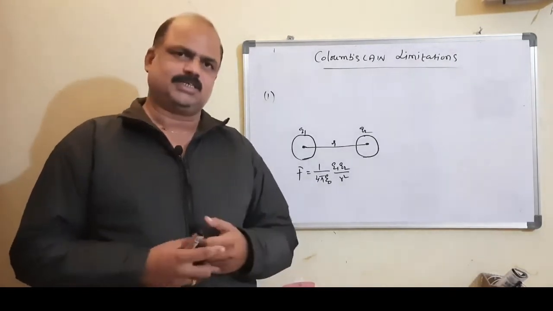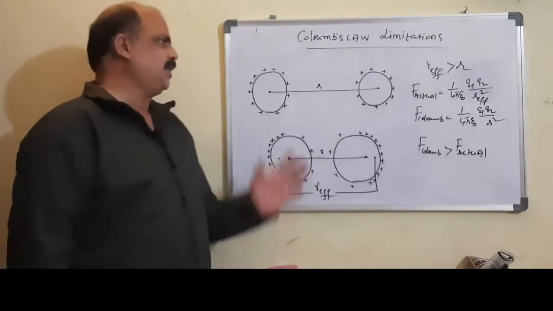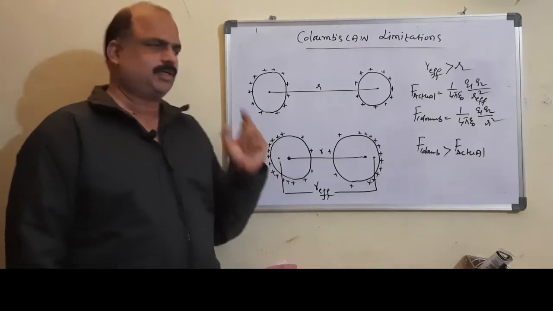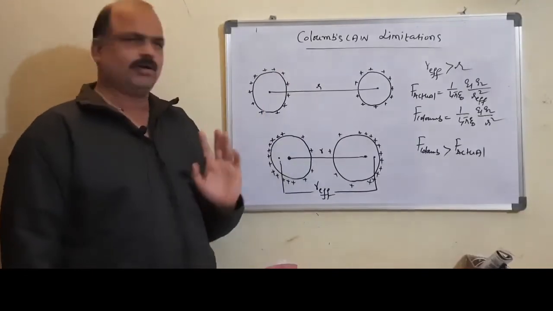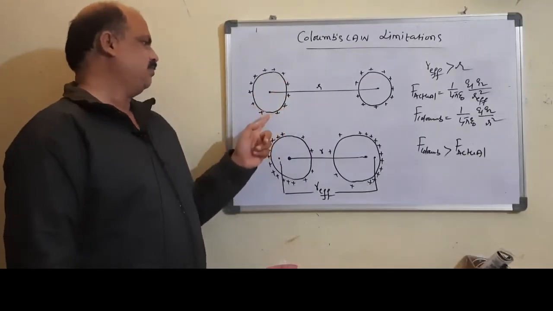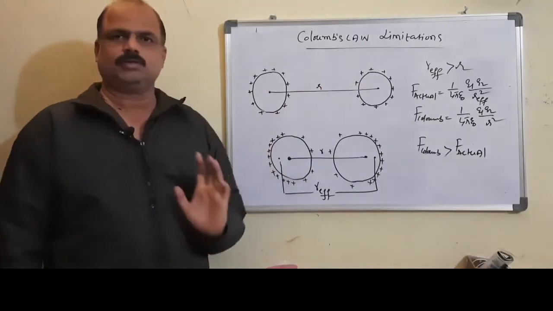So let us discuss conducting spheres. Initially, these two conducting spheres are far apart. The distance between the centers of the conducting spheres is r. Initially, the charge over the surface of the conducting sphere is distributed uniformly.